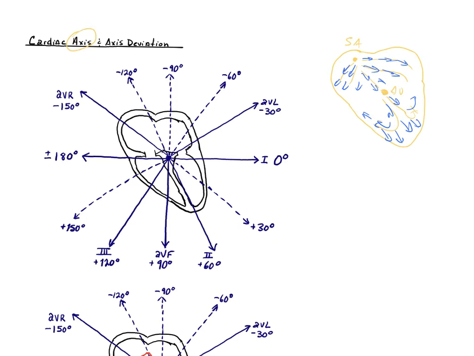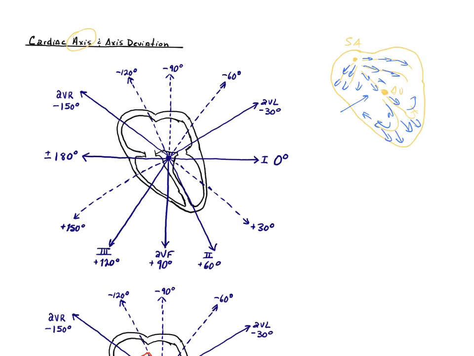We don't actually have to do that in a literal sense, but the axis is what I get if I add up all of the major vectors of electrical activity through the heart. So all these little arrows, if I add them up, I get a vector that represents the average direction in which the depolarization occurs through the heart. Does that make sense?